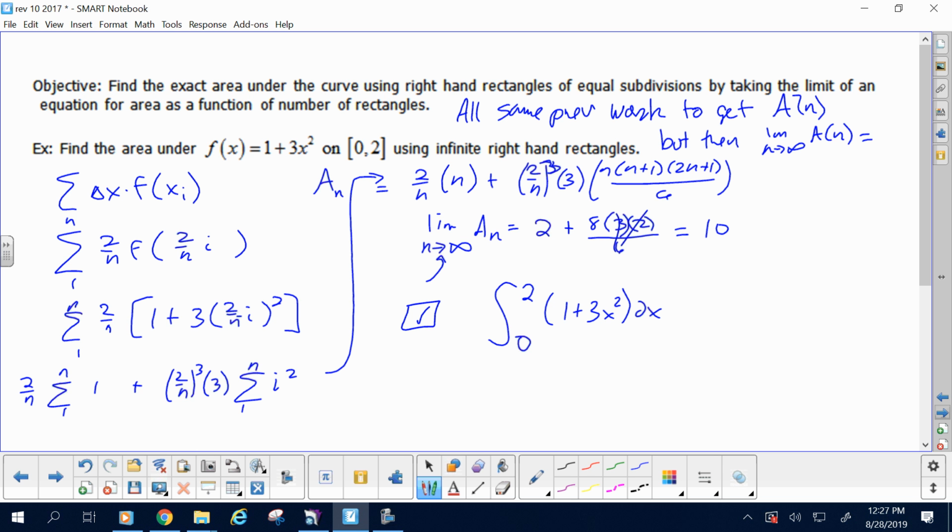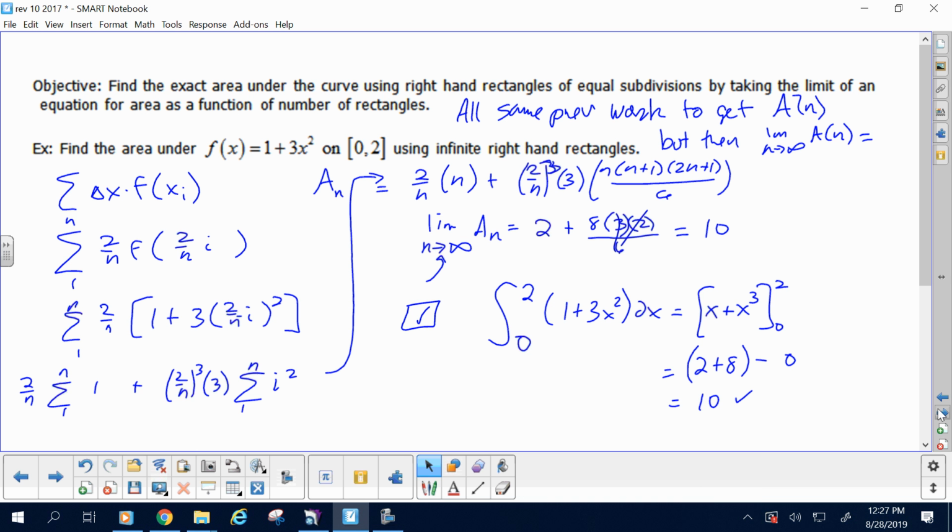Why could he do this all the time? It's all good. We'll get there. What's the antiderivative of 1? X, and the antiderivative of 3x squared? X cubed from 0 to 2. When I put in 2, I get 2 plus 8 minus zeros, and that is 10. Check. Why don't we just do that before?